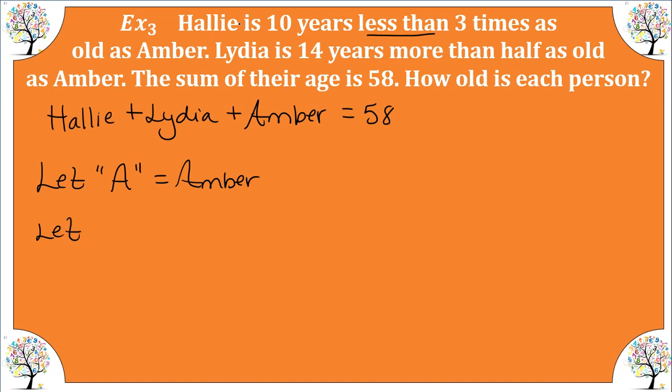Now we're going to compare, and let's represent Callie. Callie is 10 years less than, so we're going to flip the minus 10 to the back because less than is a flip-flop. 3 times Amber, which is A. So 3 times A minus 10 is going to equal Callie. Now let's look at Lydia.